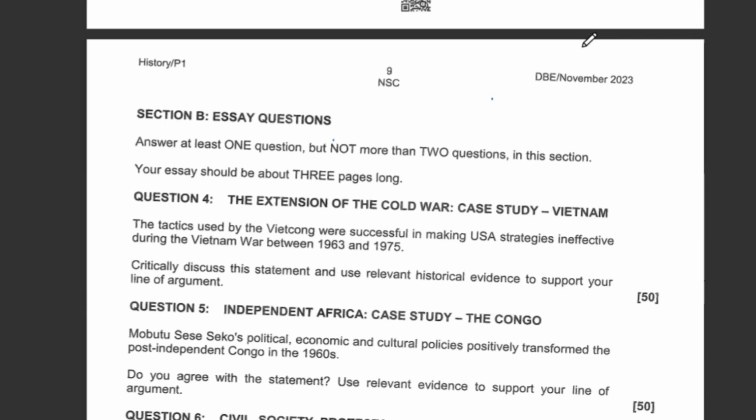You can start by using those ones in constructing your paragraphs. Right. Let me give you a sample paragraph which talks about the Vietcong using guerrilla warfare tactics.